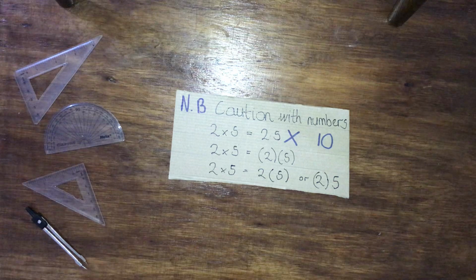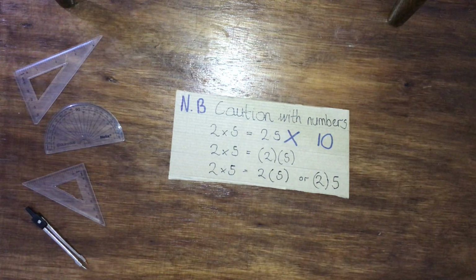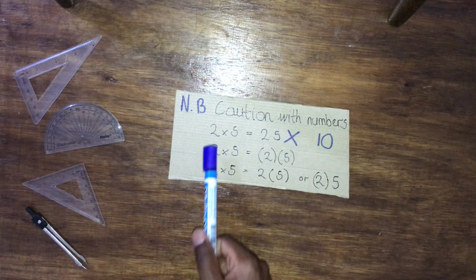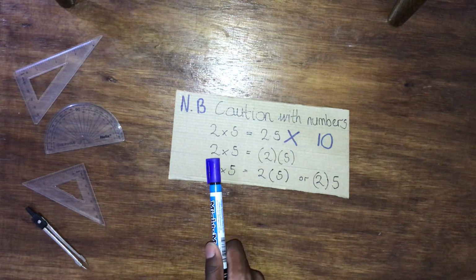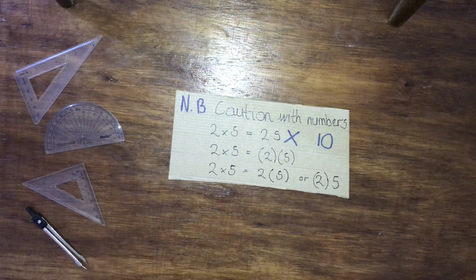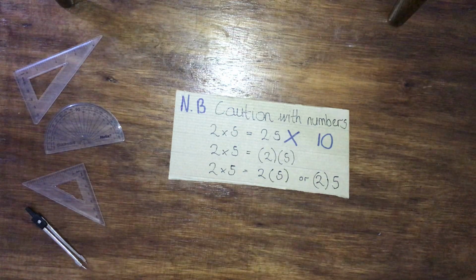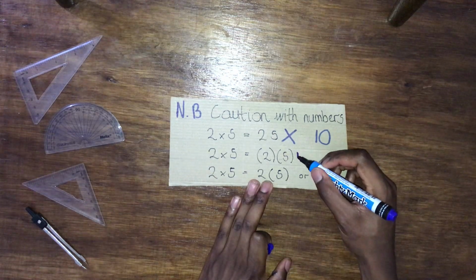But now, unlike with the variables, we cannot simply put the number 2 and 5 next to each other, because that gives us a completely different answer. So therefore, this would be wrong, as we know 2 times 5 to be 10. On the next line, however, 2 times 5 is equal to 2 in brackets, next to it 5 in brackets. This implies multiplication, so this is indeed correct, as this gives us the answer 10.